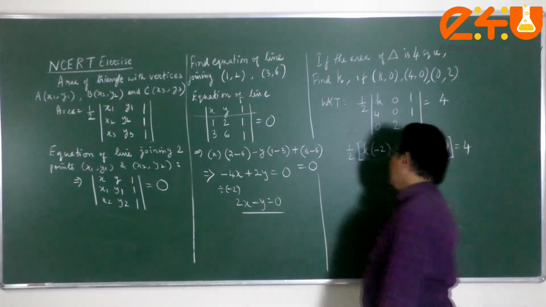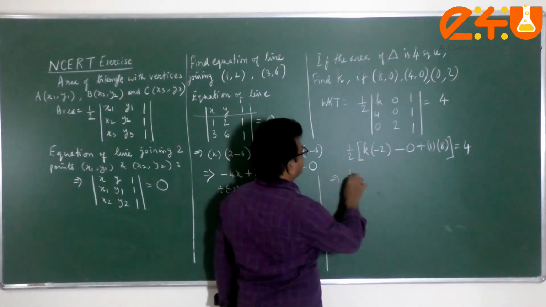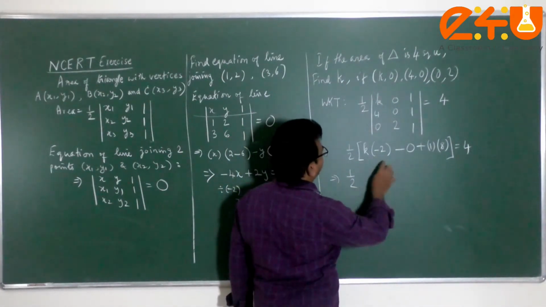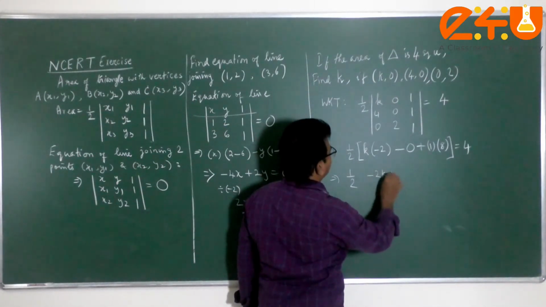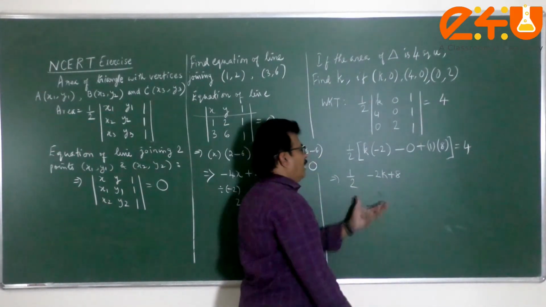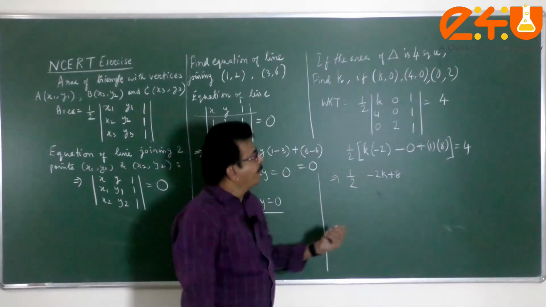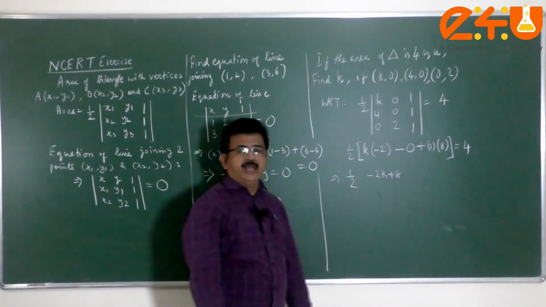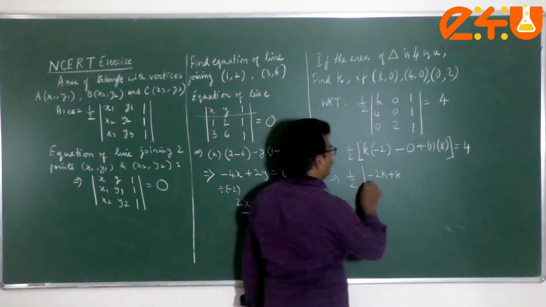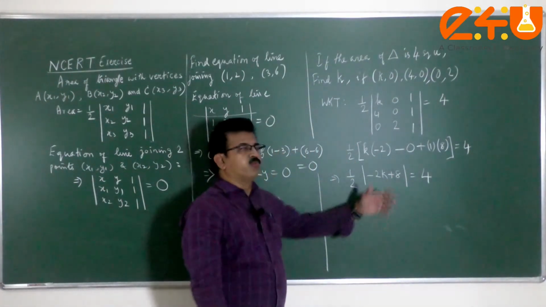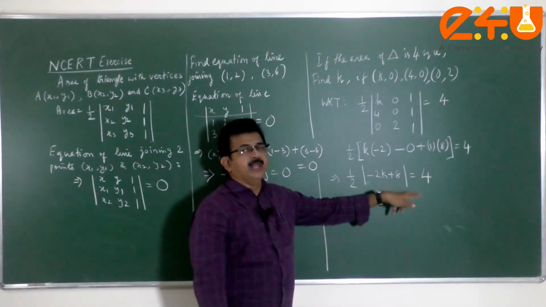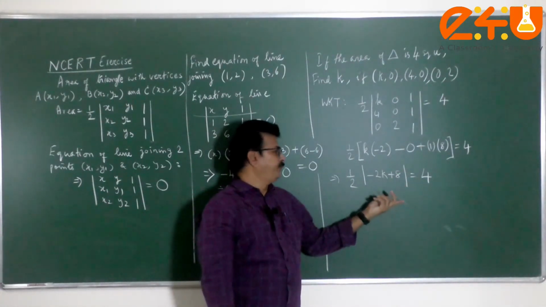We need to remember the concept that we got minus 2k plus 8. Well, minus 2k plus 8 may be either a positive value or a negative value. So the absolute value of the area is 4. So the area can be either plus 4 or minus 4.